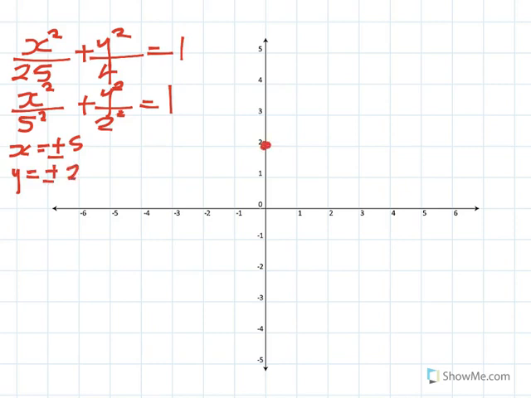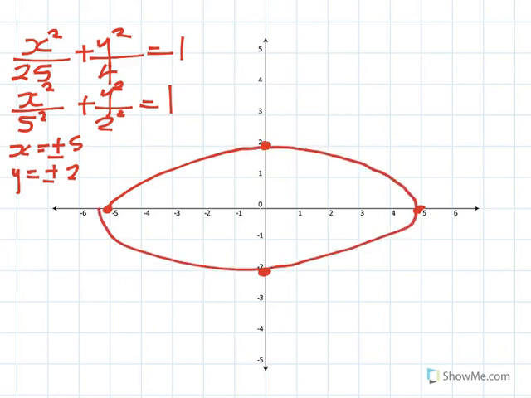So there is a point at 2, a point at minus 2, a point at minus 5, and a point at 5. Now what you need is to draw an ellipse. So that is the graph of x squared over 25 plus y squared over 4 is equal to 1. So that is the ellipse.